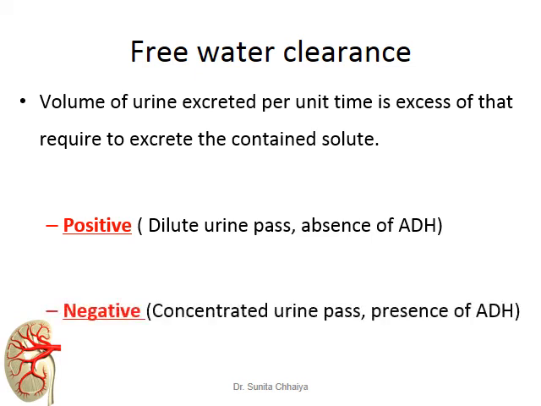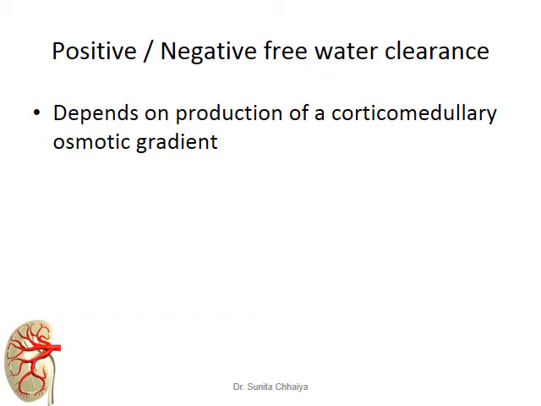And we can see a negative free water clearance where concentrated urine is passed, in the presence of antidiuretic hormone. Both positive and negative free water clearance depend on the production of the corticomedullary osmotic gradient. That means those diuretics which specifically act at the corticomedullary level have an abolishing effect on both positive as well as negative free water clearance.